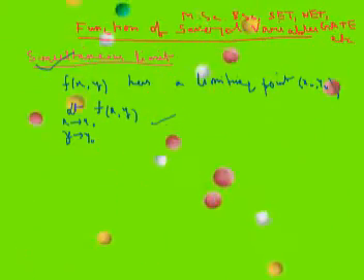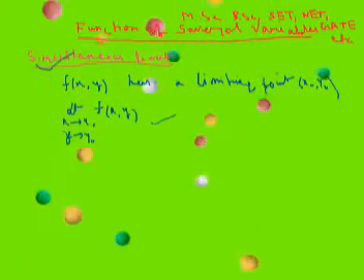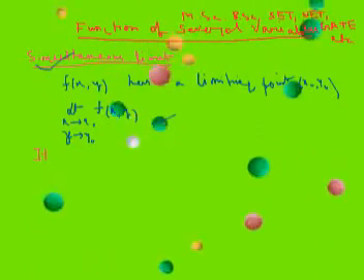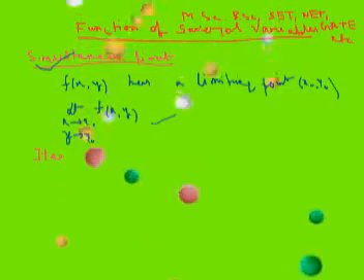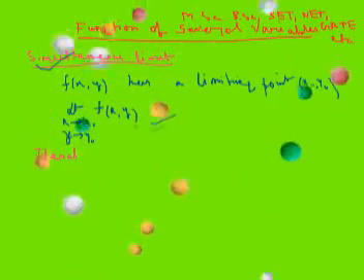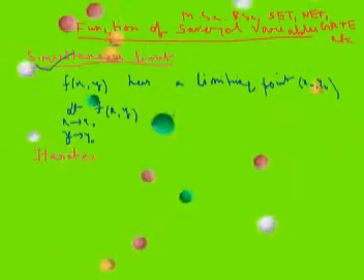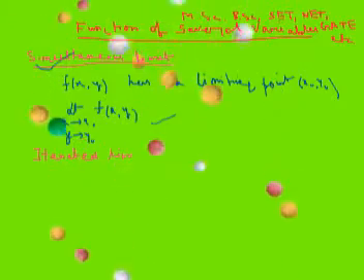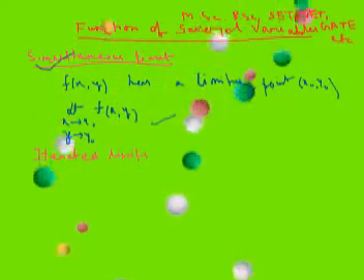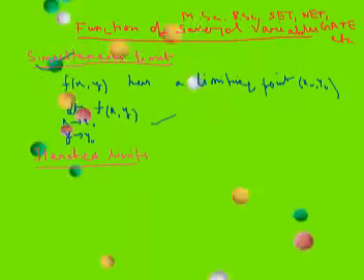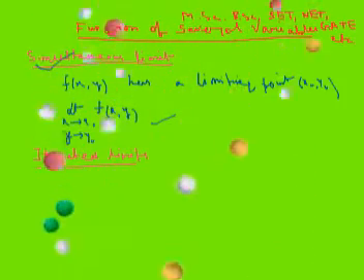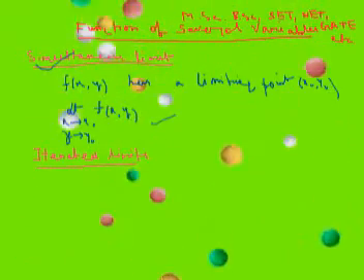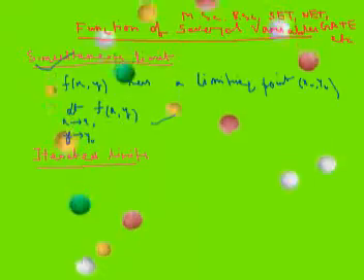And what are iterated limits? If f(x,y) has a limiting point at (x0, y0), there can be two cases.